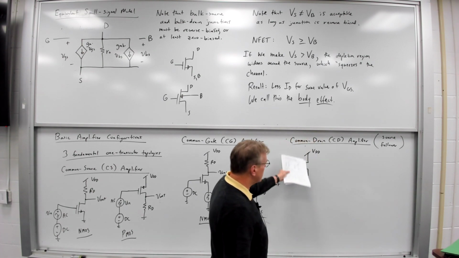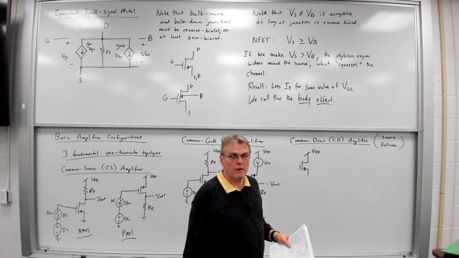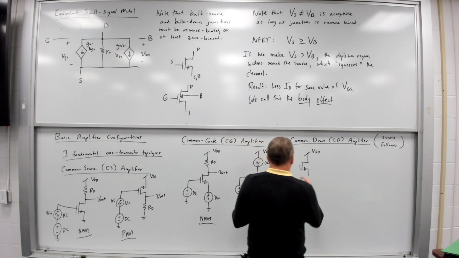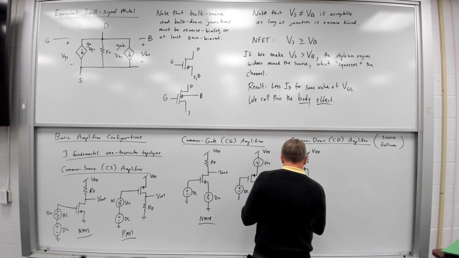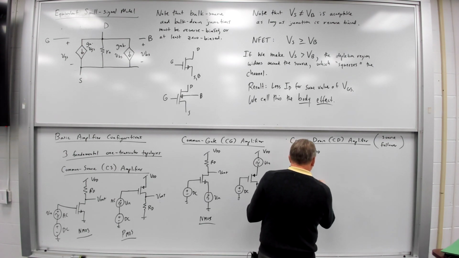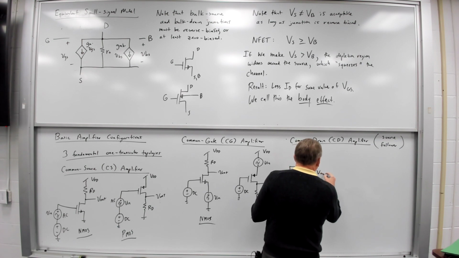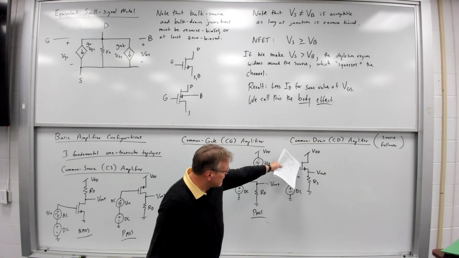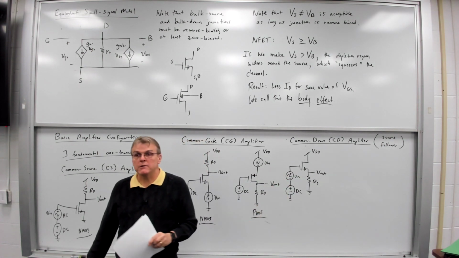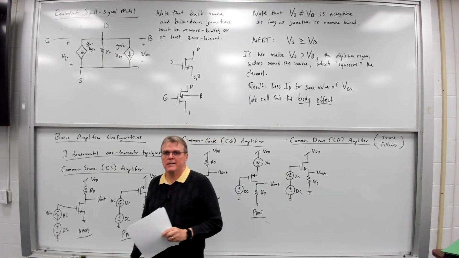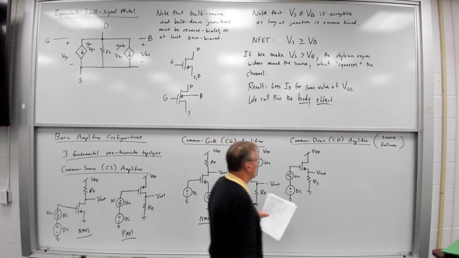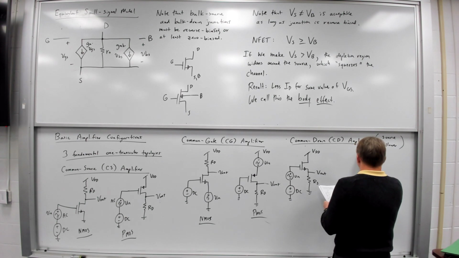For the NMOS version, I connect the drain straight to VDD. But now I connect the source to ground through a source resistance. And then I take the output voltage at the source. And of course, I can do the same thing with PMOS.